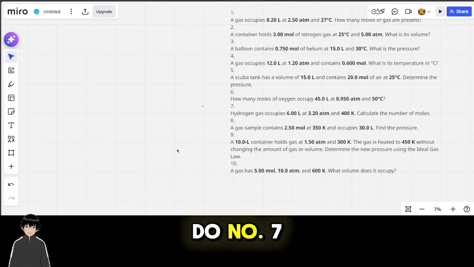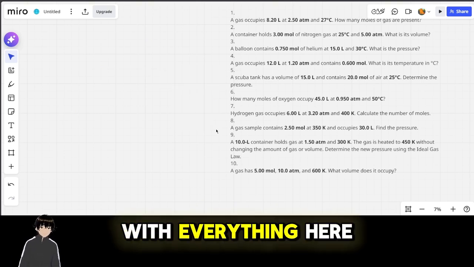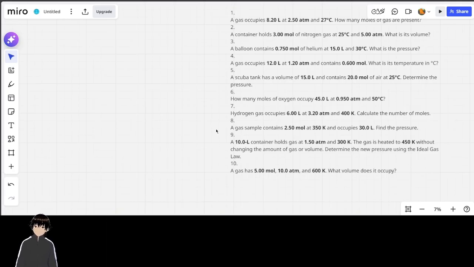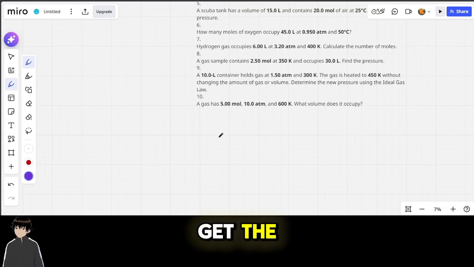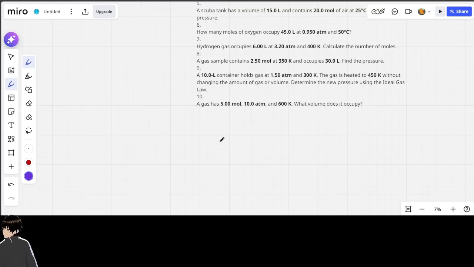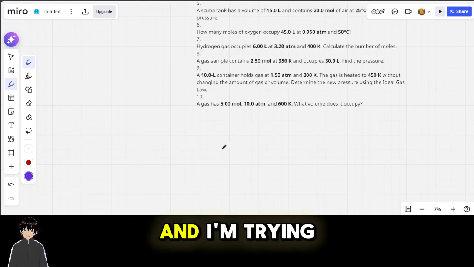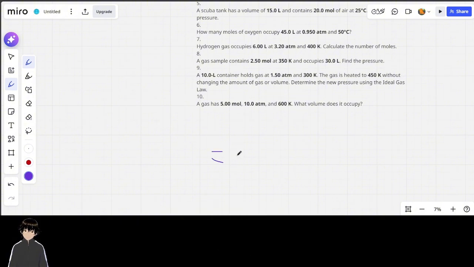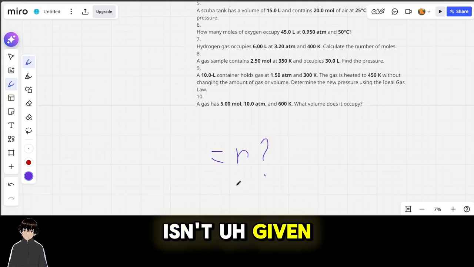Okay, so let's do number 7, after we're done with everything here. I'll try to get the... because we already have n here, and I'm trying to understand what if n isn't given.